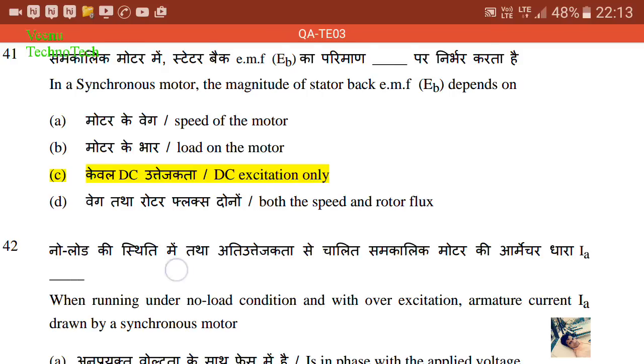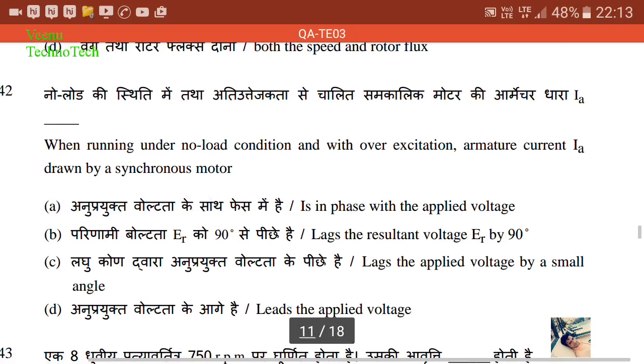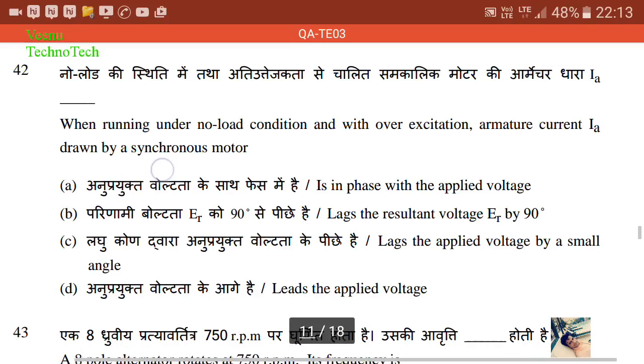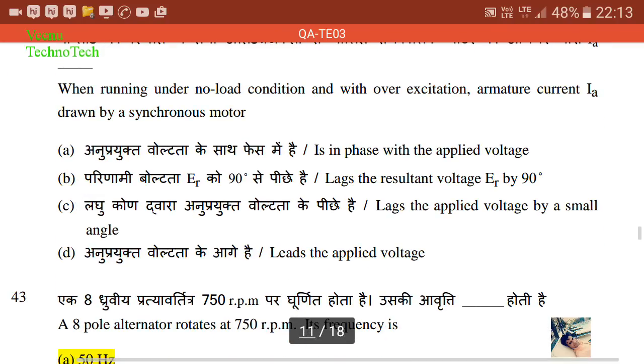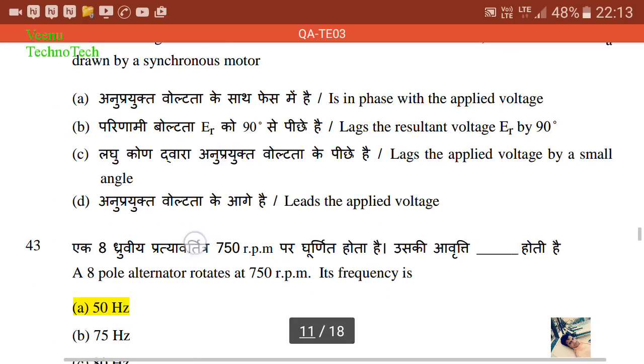Correct answer is C. When running under no load condition and with overexcitation, armature current IA drawn by a synchronous motor leads the applied voltage. Correct answer is D.